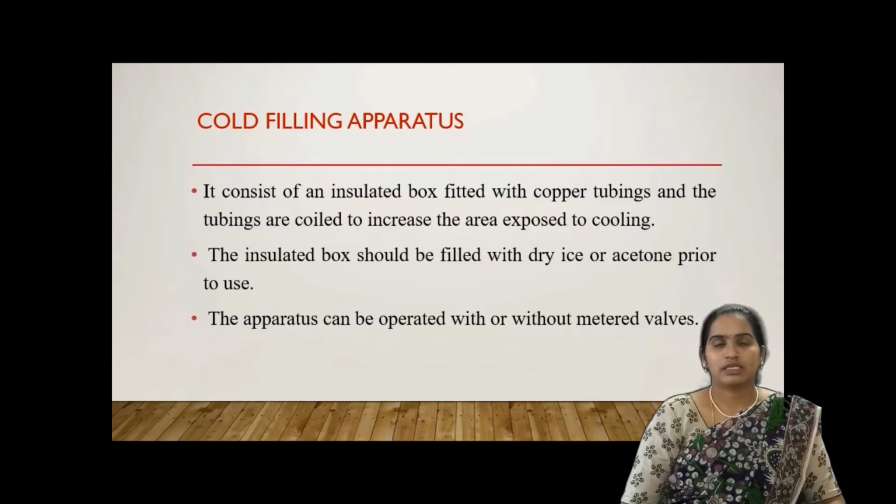This apparatus consists of an insulated box fitted with copper tubings, and the tubings are coiled to enhance the exposed cooling area. The insulated box should be filled with dry ice or acetone, which is used as a cooling medium. The apparatus can be operated with or without metering valves.